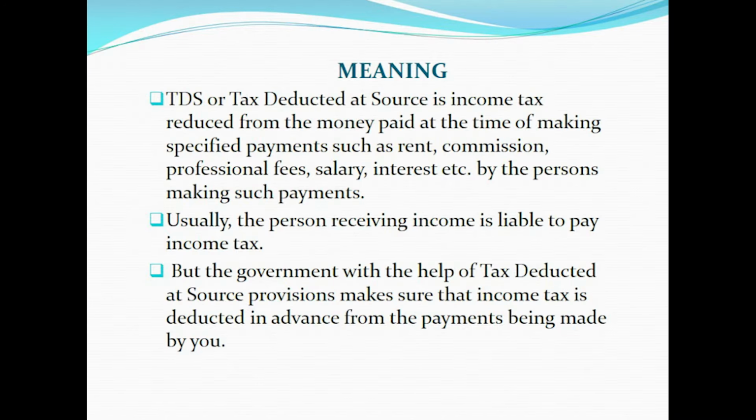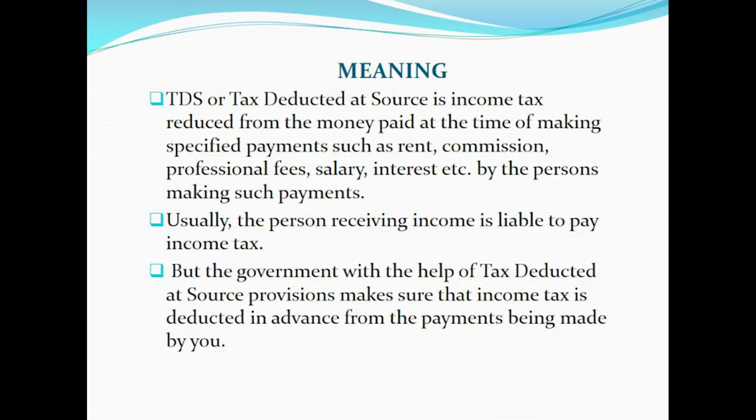Moving on to the conceptual meaning of TDS. What is TDS? As the name itself indicates, it is popularly known as tax deducted at source, which is the income tax reduced from the money paid at the time of making specified payments such as rent, commission, fees, salary, etc., by the persons who are making such payments.